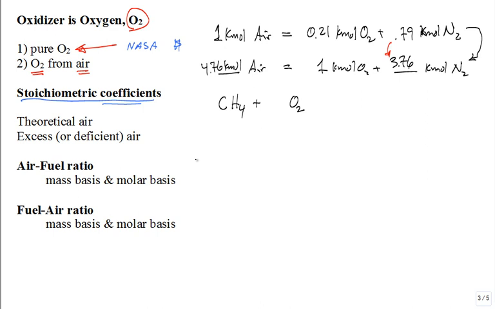So now, I'm going to bring in 1 kilomole of oxygen and 3.76 kilomoles of N2 in that right ratio, and now I'm going to figure out what the stoichiometric coefficients are in front of the 1 O2 plus 3.76 N2.